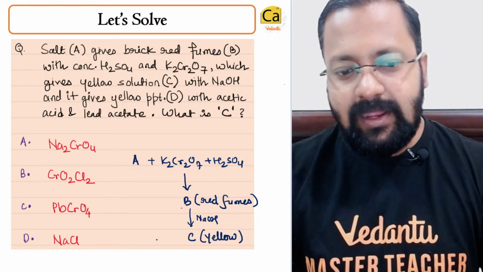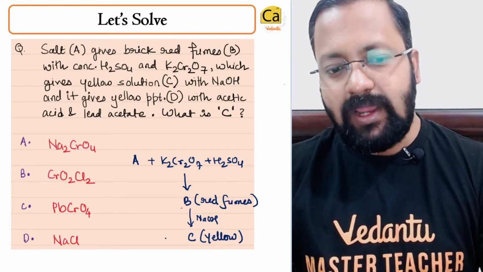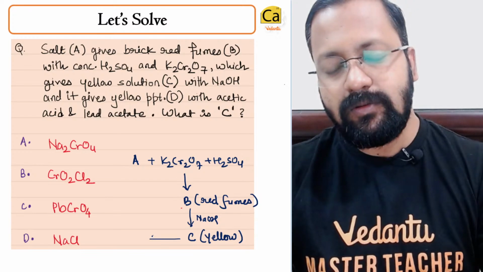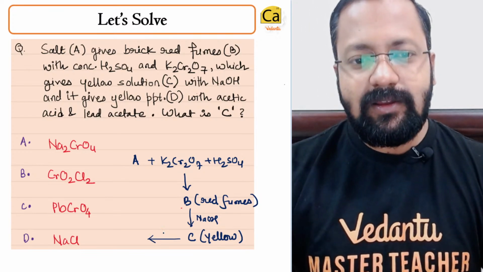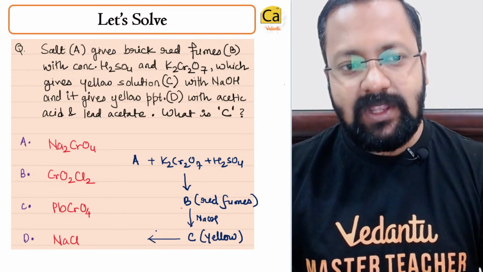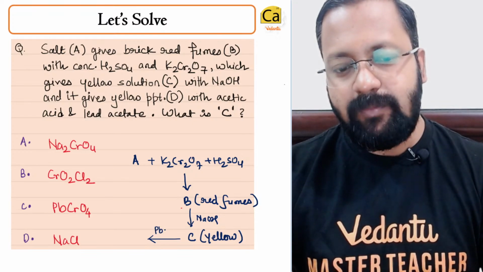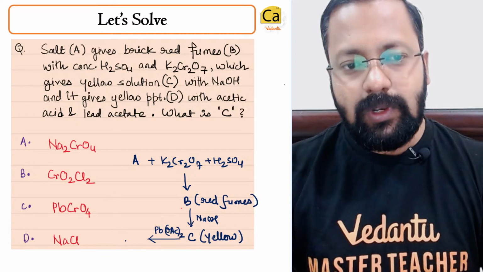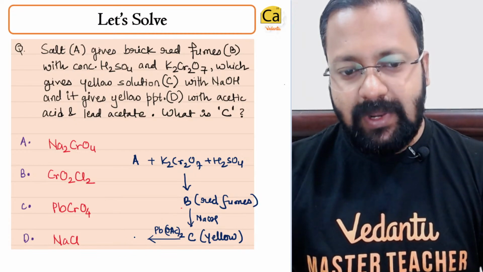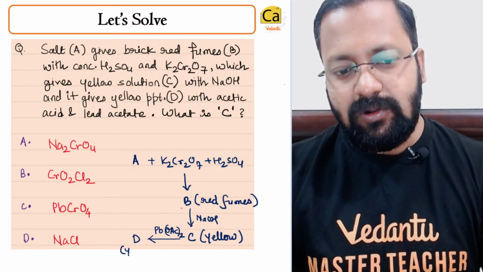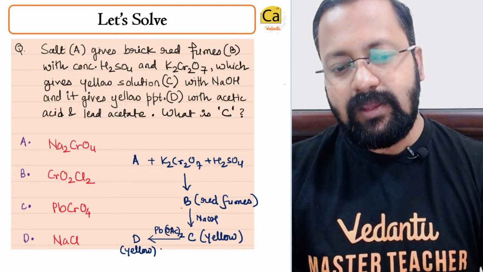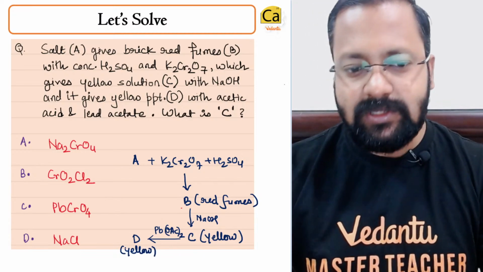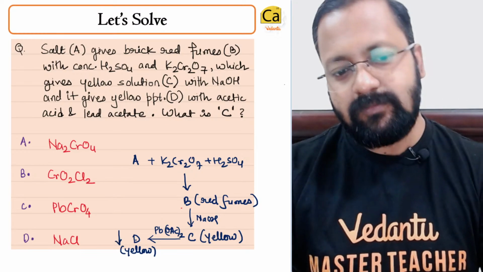And if C is made to react with lead acetate, Pb(OAc)2, you will get precipitate D, which is also yellow in color. This is a solution, this is a precipitate.